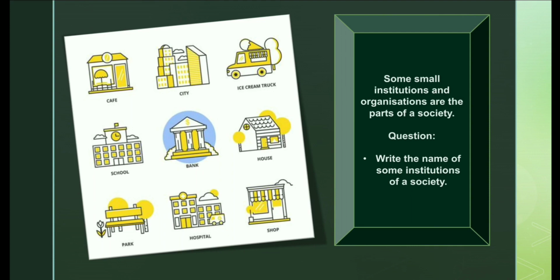Here you can see a picture. There are some organizations. Some small institutions and organizations are the parts of a society. So the question is for you: write the name of some institutions of a society.